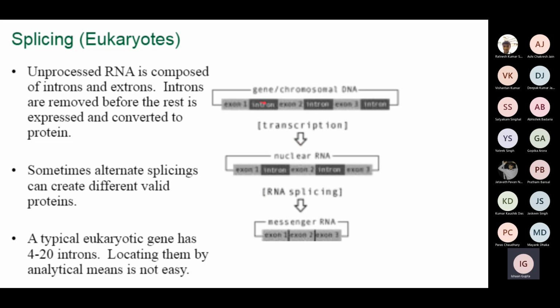Now, sometimes when introns are getting chopped up, your exon 2 might also get chopped out, as a result of which you will get a protein which is missing exon 2. So now you are physically making proteins that are missing parts, right?